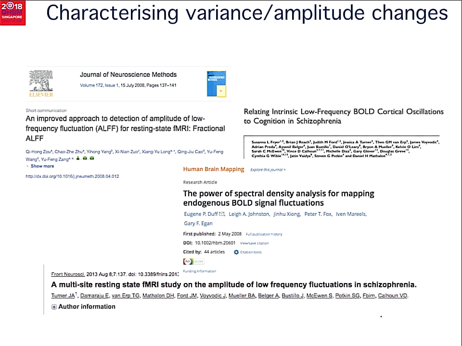There have been quite a lot of studies that characterize the variability or amplitude of resting state signals in fMRI. However, this line of research has been quite independent, and there have not been a lot of studies that directly compare the amplitude and variance changes to the functional connectivity changes and how they might be related.